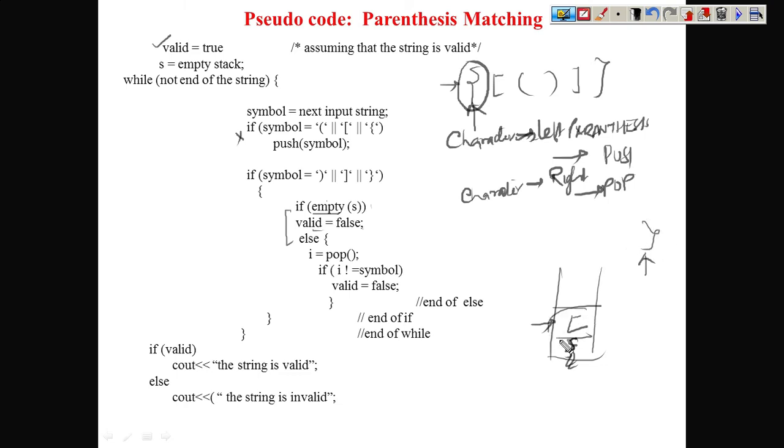So you pop this, assign it to I, and then check whether I and the symbol belong to the same type or not. I is a square bracket and this is a curly bracket, so both are not of the same type and in that case it will not work. If I is not equal to symbol, then you say that valid is false, your expression is not valid.